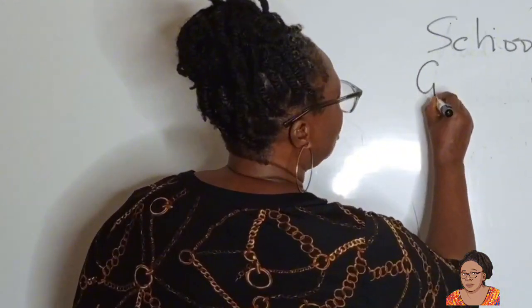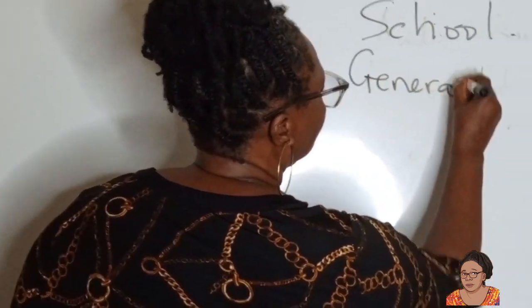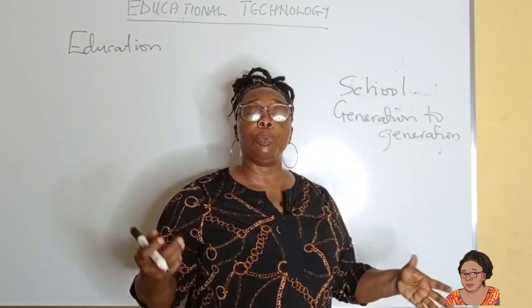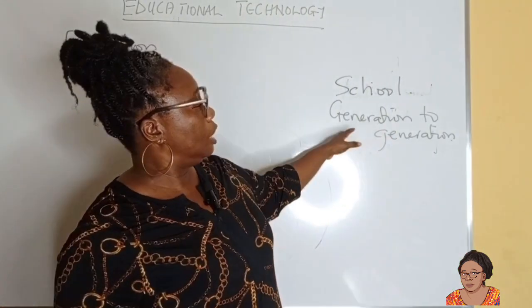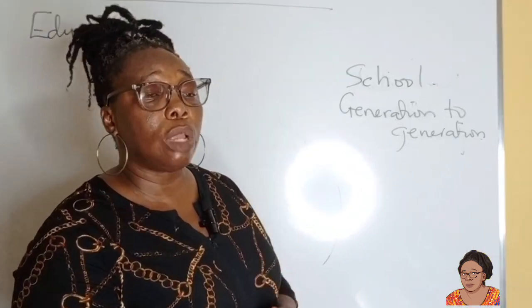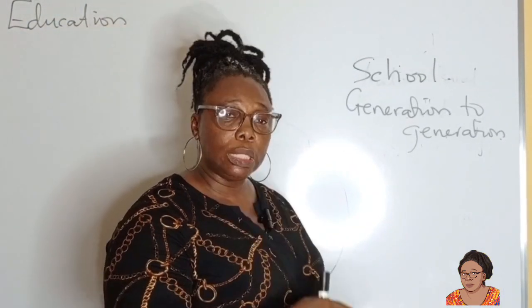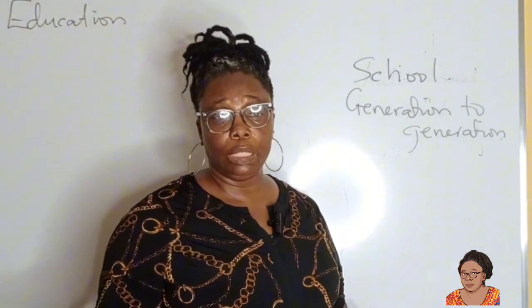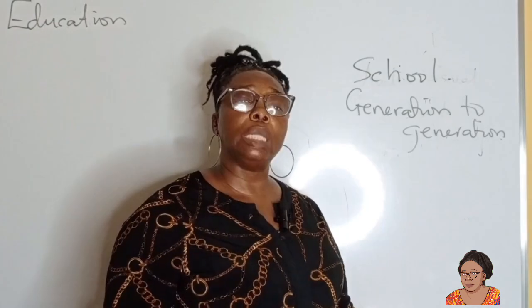Then we have generation to generation. Some people will tell you education is what happens, people giving their experiences from generation to generation. And in talking about generation to generation, they are actually referring to people older teaching people younger. At times you teach somebody that is older than you.